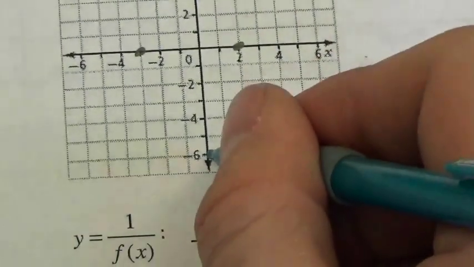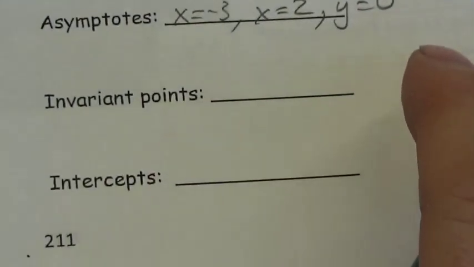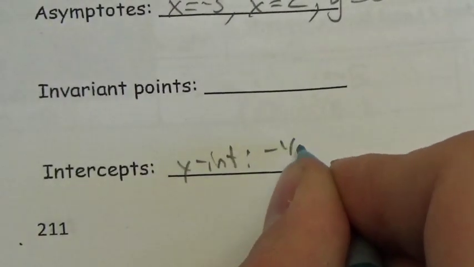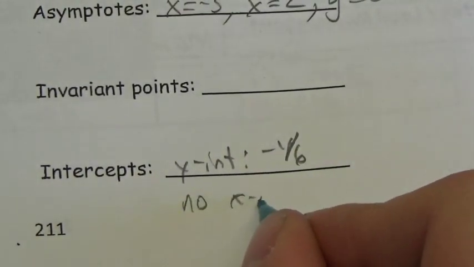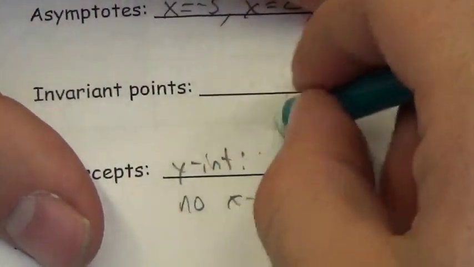Okay, so the original one is going to have a y-intercept here of negative 6. Now, that also tells me that the y-intercept is going to be negative 1/6. I know it's going to be the reciprocal of that. And I already know there's going to be no x-intercepts. Since we started this, none of the questions have ever had an x-intercept. So there's no reason to suspect that this is going to be any different.